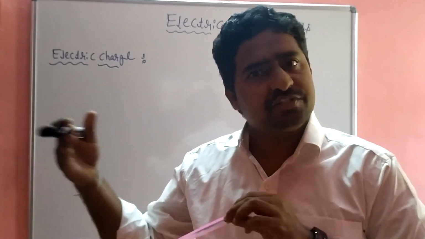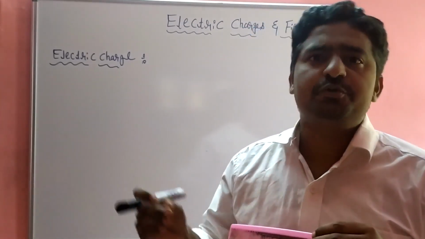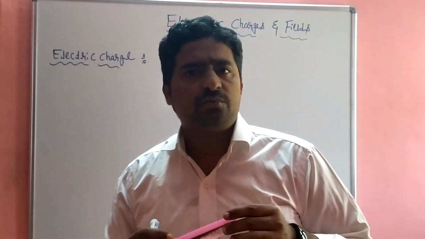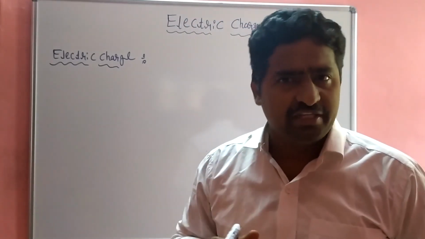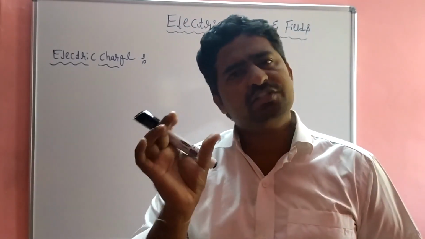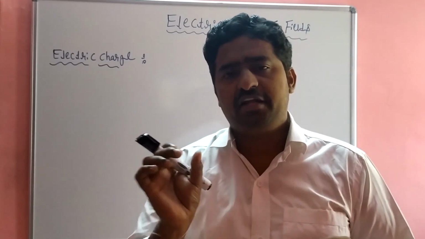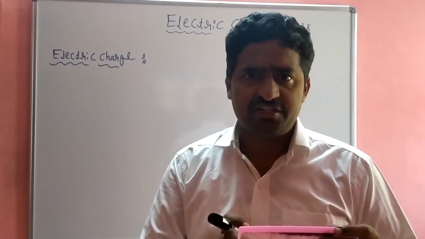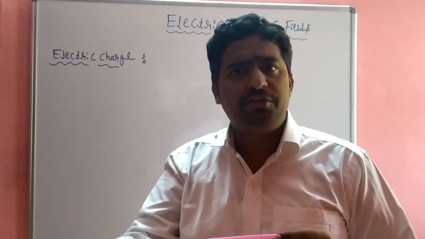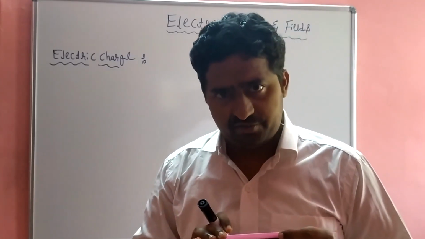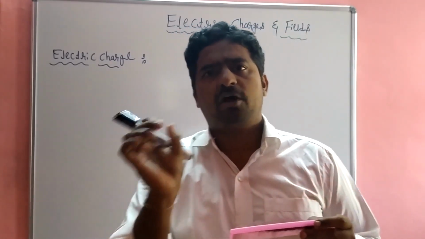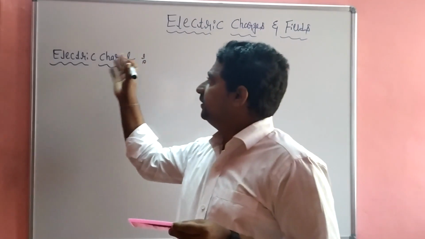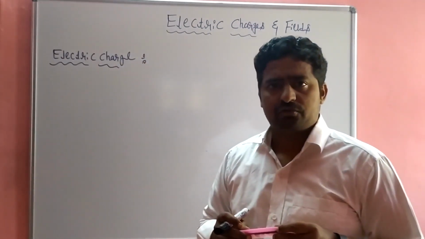When it produces electric field and when it produces magnetic field, we will discuss in the later part. Electric field is produced by charge at rest. Electric charges in motion produce magnetic field. So both properties are produced from the electric charge.